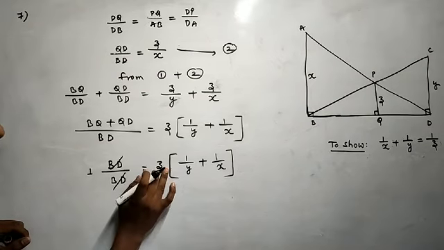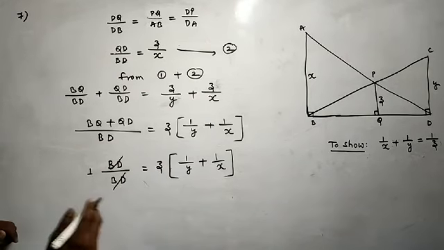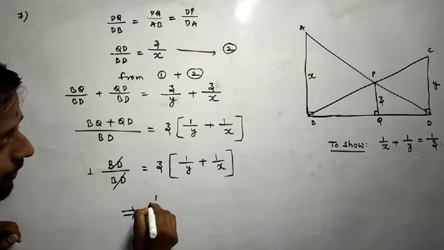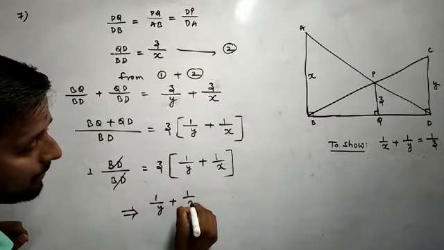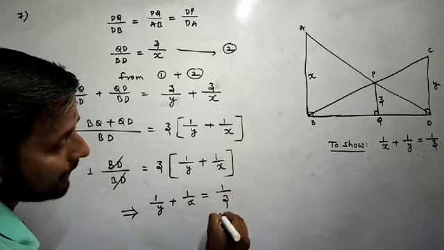Here Z is multiplying, so when it moves across it divides. So 1 by Y plus 1 by X is equal to 1 by Z.